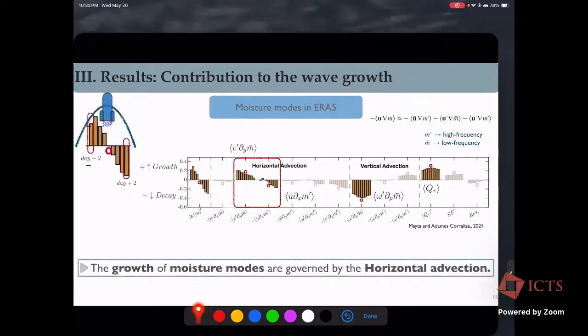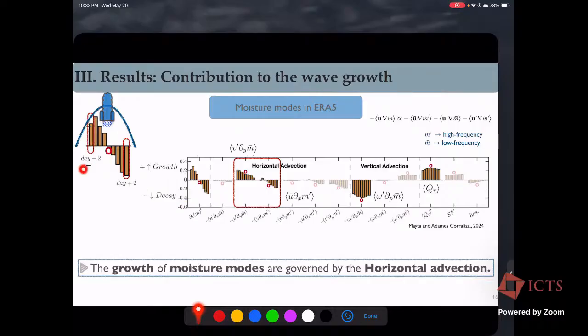Okay, let's move to the mechanisms that contribute to the growth of these waves. The bars again show which process controls the amplification of the wave or the decay of the wave. Positive values mean contribution to the growth, and negative values mean contribution to the decay of the wave.